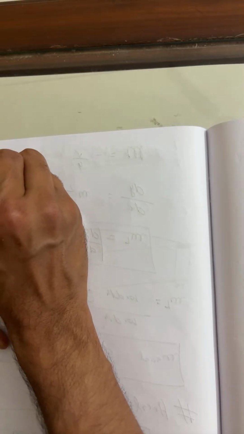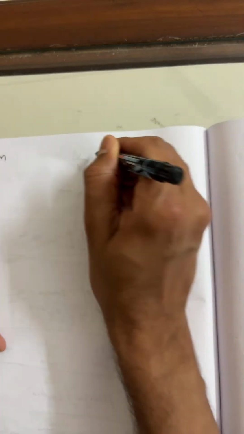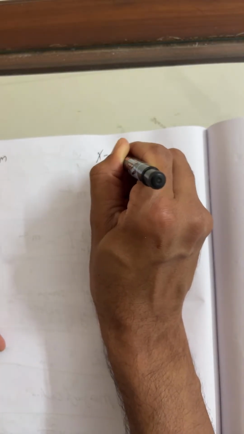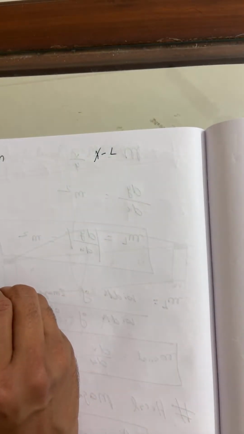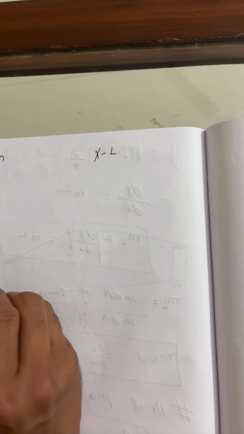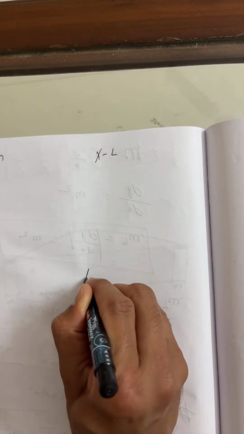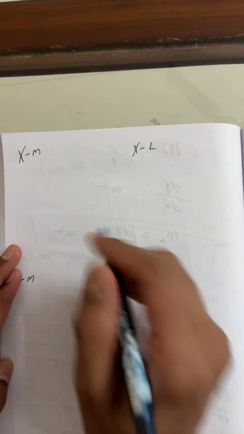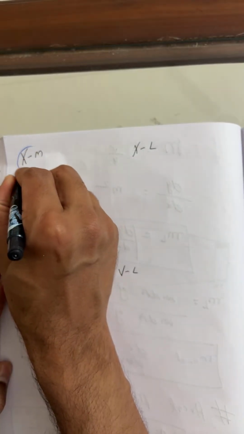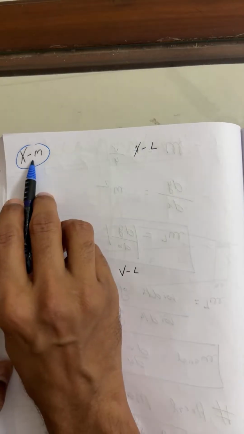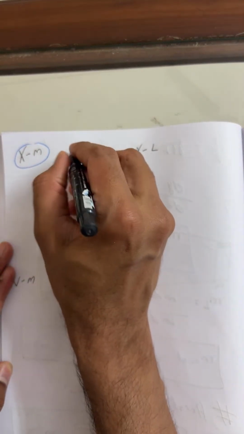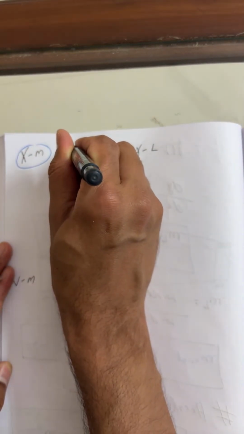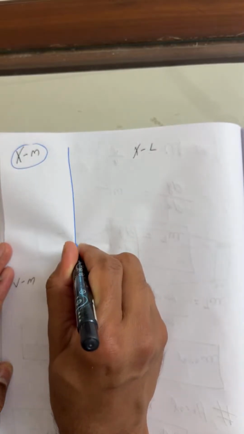This is XM, next this is XL, and then VM and VL. You can ask, what is this? XM is the convex mirror. So how can you draw the graph for V versus U?